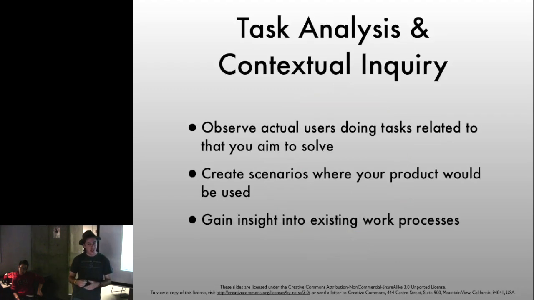So just to go into a little bit of detail about each of these phases, the design often starts with a process that's called task analysis or contextual inquiry, where you have some goal of some application or some group of users that you want to help make their lives better, and you observe them, see what they do currently, see what they struggle with, see what works really well right now, and this will allow you to refine your goal and figure out what your service needs to do.